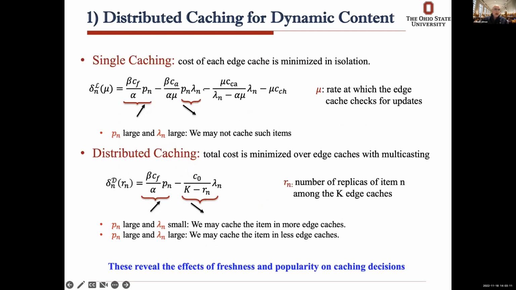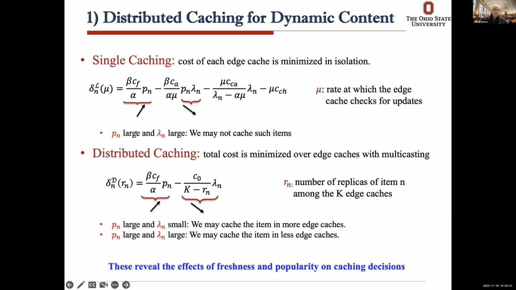This shows how the refresh rate, the dynamics at the source, is integrated into how you value content. After you find these values of different contents, you order them, and then based on the ranking, you can cache the ones for which you have cache space. So this is really showing us the effect of the freshness, which was new.